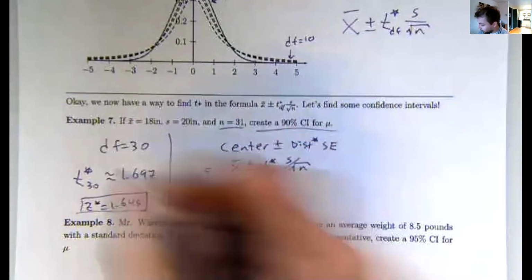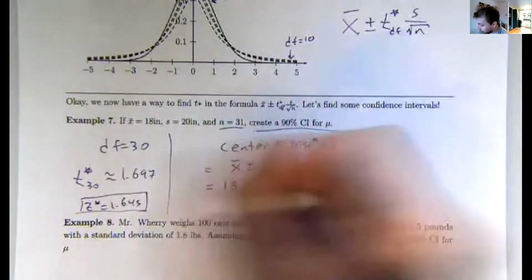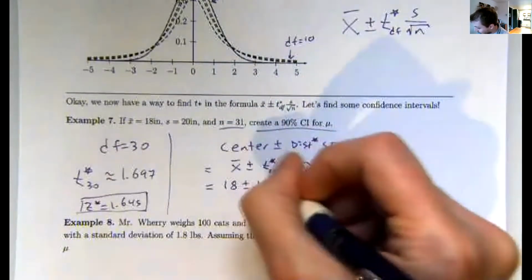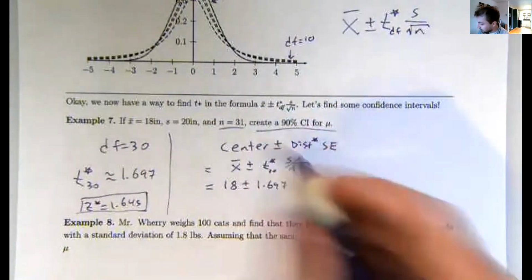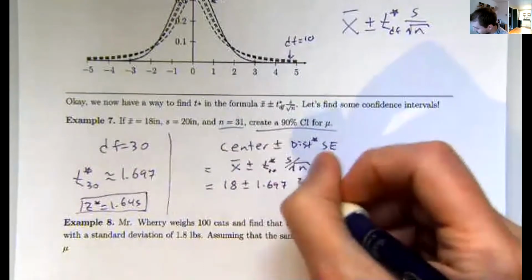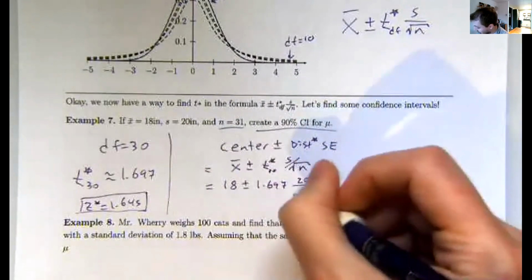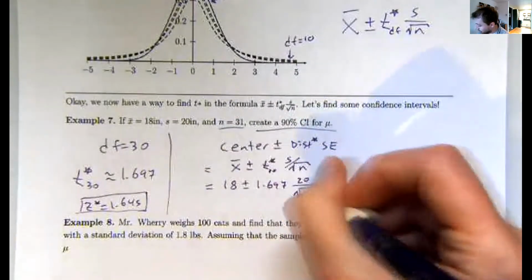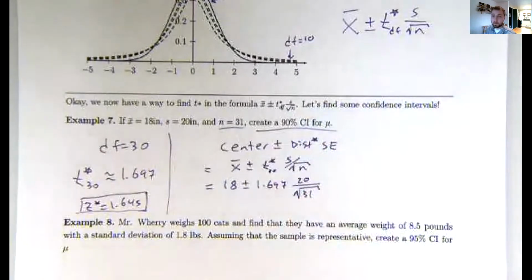My critical value for 30 was 1.697. It said a standard deviation of 20 inches and number of samples 31. I'm going to type this into my calculator, once with the plus, once with the minus, and then I'm going to be immediately done with this formula super fast.